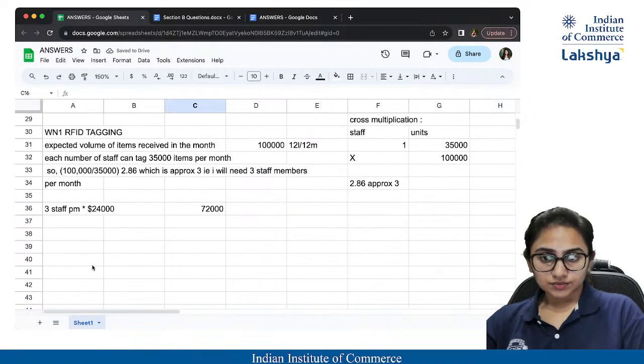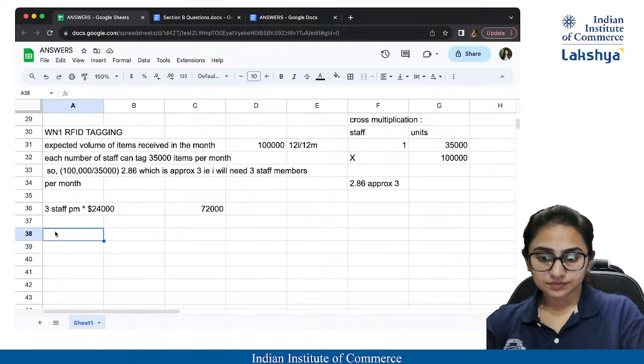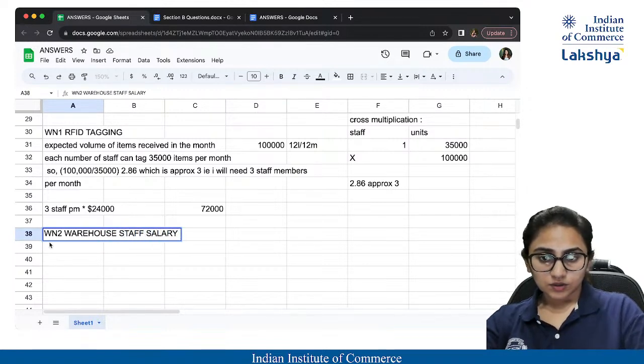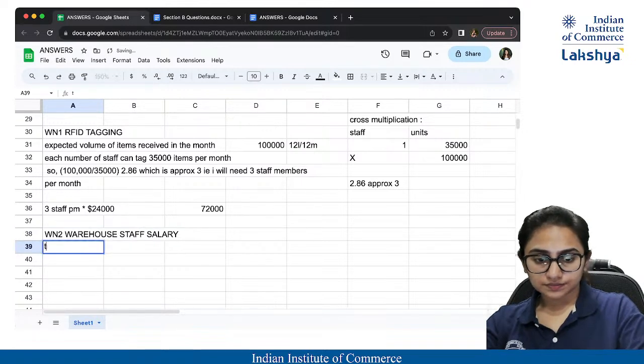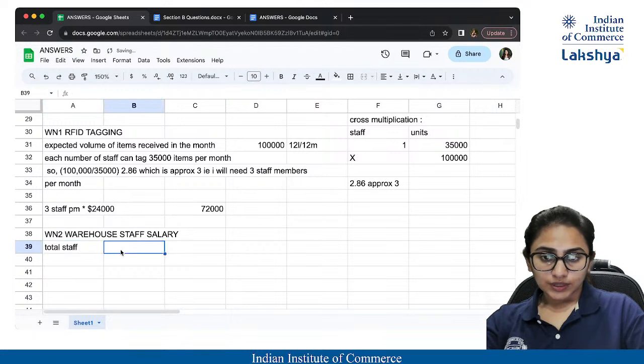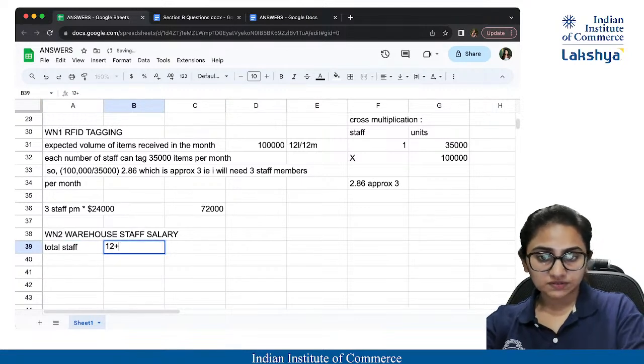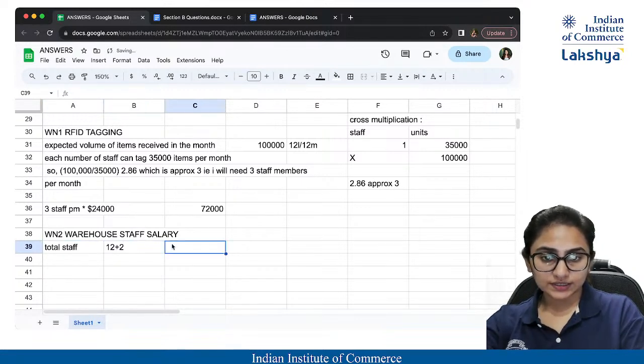Working note 2. Total staff is how much? 12 plus 2, because previously it was 12, then 2 got added, that is 14.